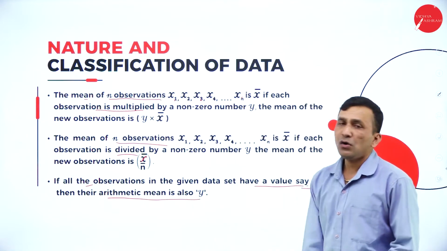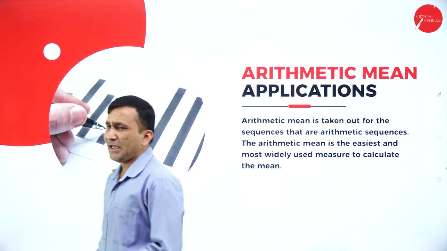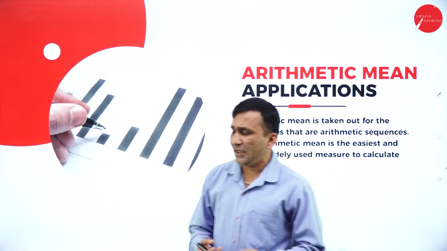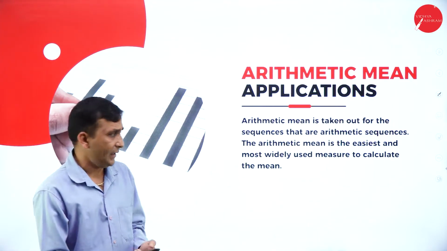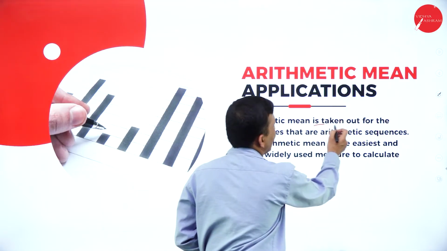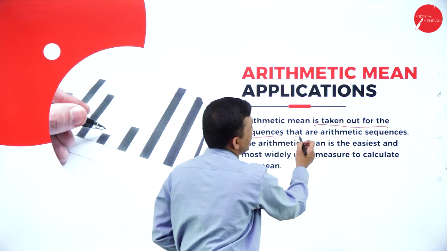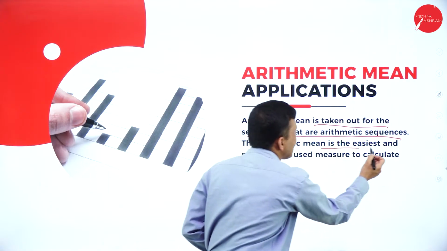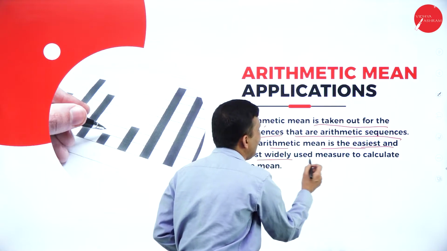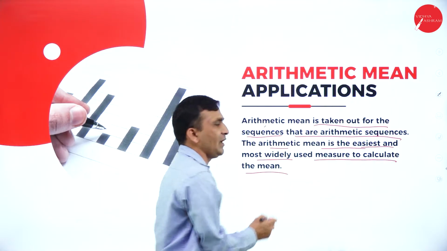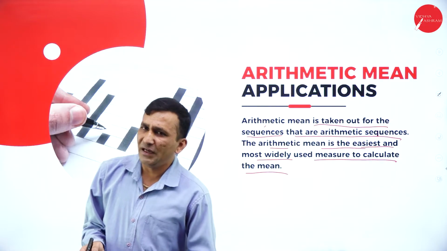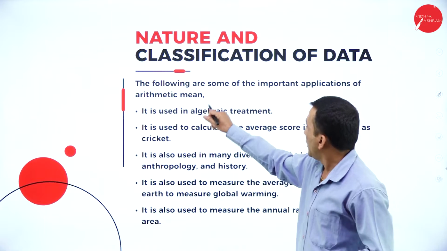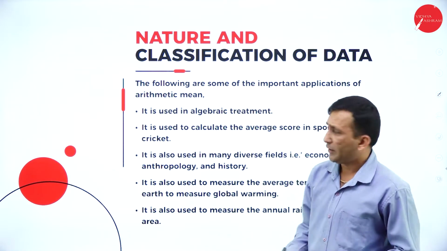Under arithmetic mean application, where exactly is arithmetic mean used or applied? The arithmetic mean is the easiest and most widely used measure for calculating the mean. Everywhere the arithmetic mean is commonly used.